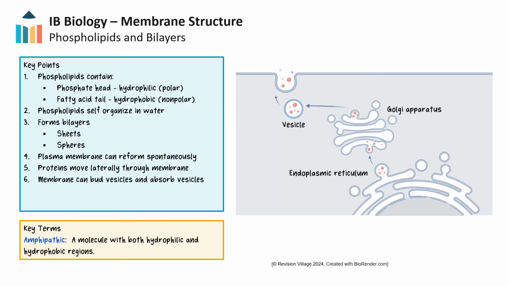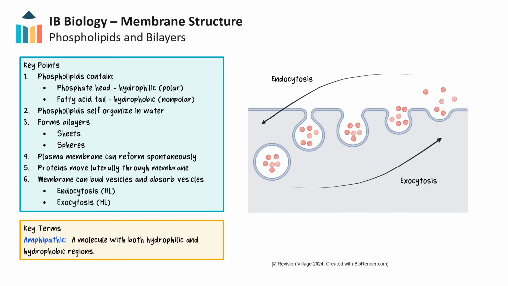Because the membrane is fluid and self-organizing, it also has the remarkable ability to bud and form structures like vesicles from membrane-bound organelles. The membrane can also absorb these vesicles in processes like endocytosis and exocytosis, which is explained in more depth in the higher-level key concept video on membrane structure.